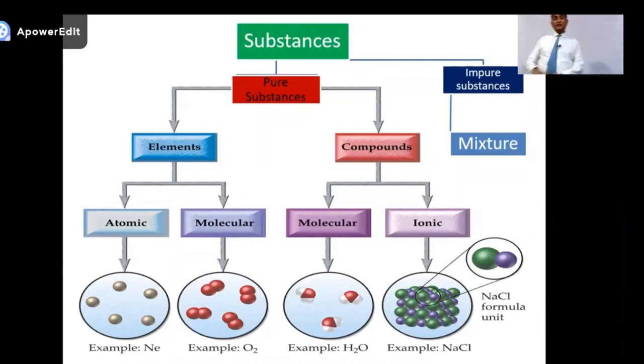You know that elements, compounds, and mixtures you have studied. So pure substances are of two kinds, elements and compounds. Elements contain only one kind of atom, like gold, silver, aluminum. Compounds contain different kinds of atoms which are joined together by bonding. Okay, so this is the division of substances, right?